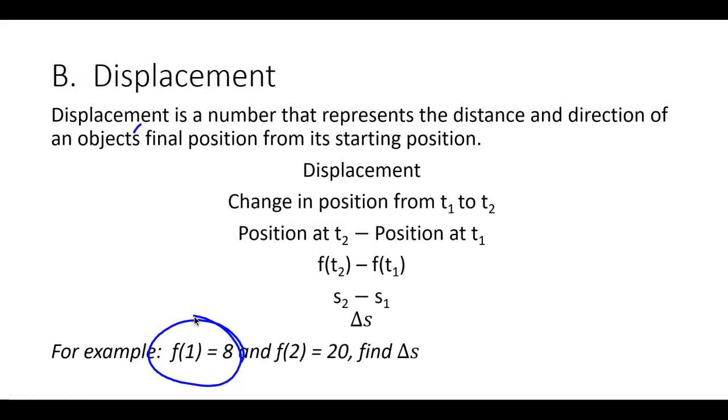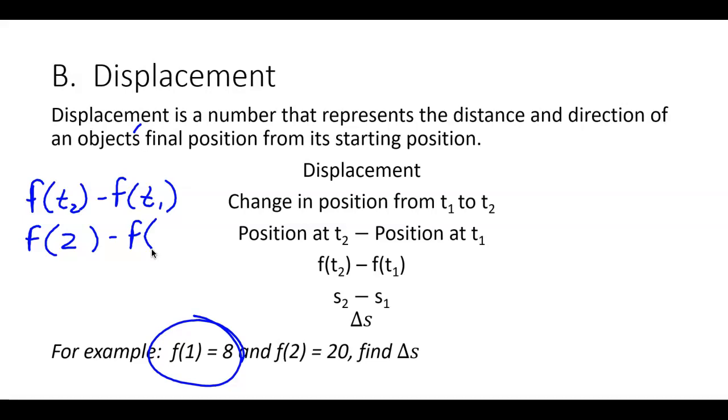So if we did f of t2 minus f of t1, my t2, what's my second time? 2. And what's my first time? 1. And what is my position at my second time? And what is my position at my first time? And what's 20 take away 8? 12.